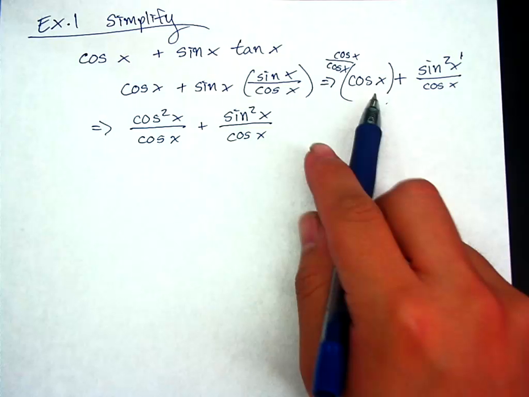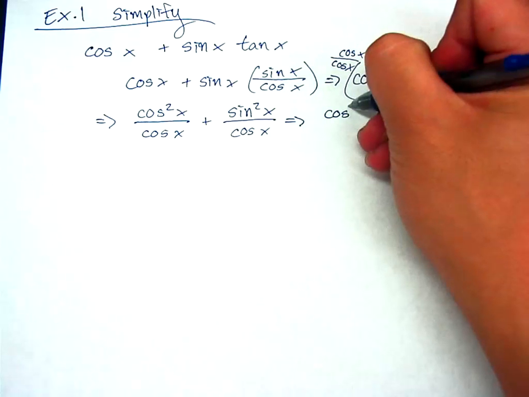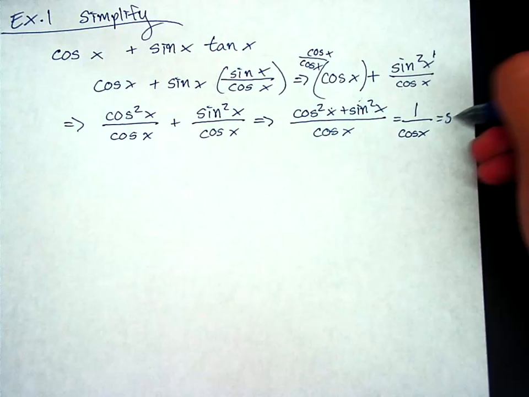Now that I have a common denominator, I can combine the numerators with the common denominator, and this simplifies. Cosine squared of x plus sine squared of x, as our identity says, is 1, and then it's 1 over cosine of x, which simplifies down to secant of x. And just like that, that's the end of that problem.